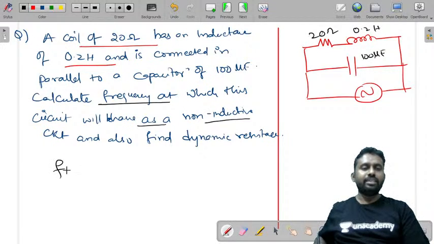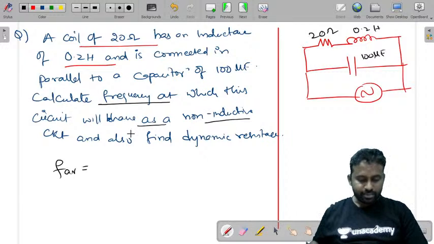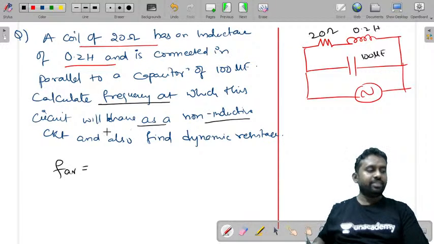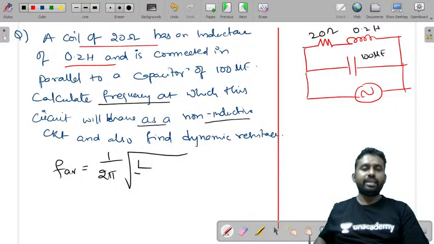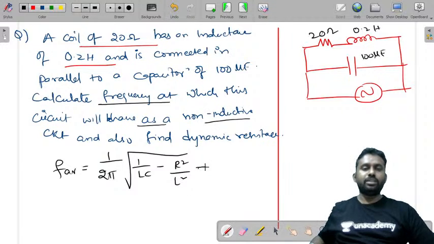That means resonant frequency, that is 1 by 2 pi under root of 1 by LC minus R square by L square. Just substitute the values of R, L, C and you will find it as 31.83 Hertz.